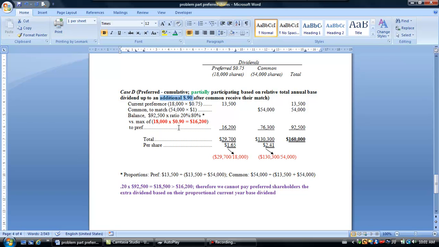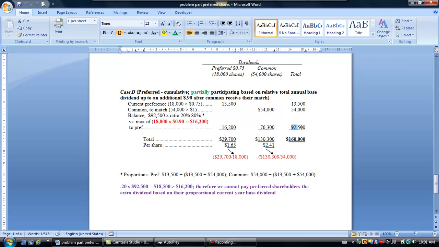So you need to compare this cap to what they would have gotten if they were fully participating, which would have been 18.5. They can't get that. Why? Because the cap is smaller. So they're only getting the cap, because the cap is less than what they would have got if they were fully participating. So you should always compare it. Okay? So now they get their cap, right?